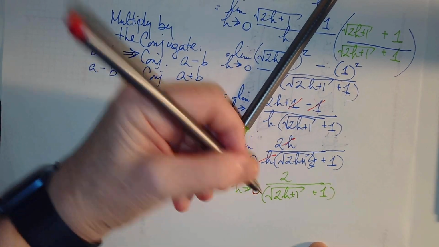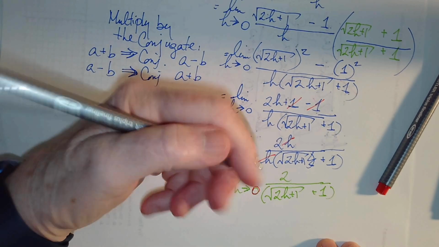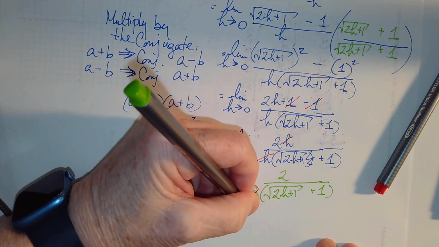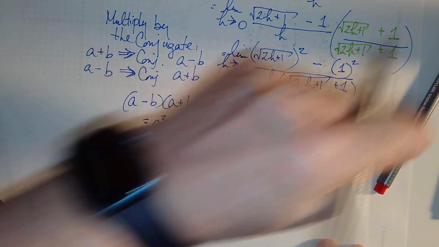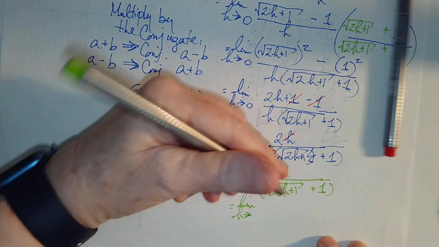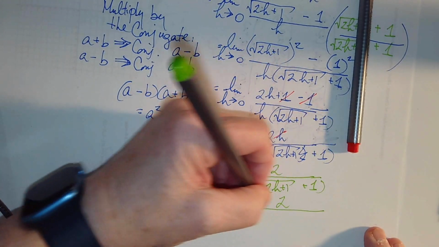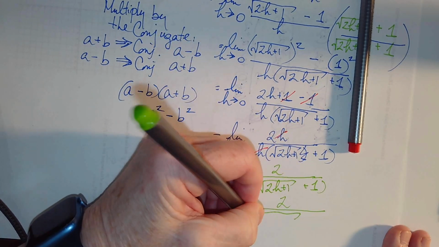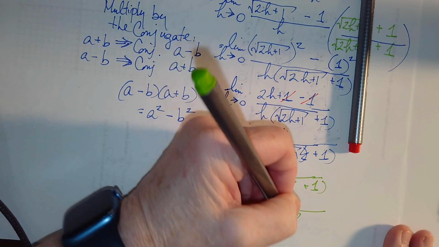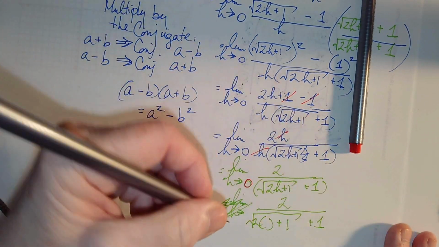Let's do pink this time. So we have the limit as h goes to, oh no, we have 2 over the square root of 2 something plus 1 plus 1.